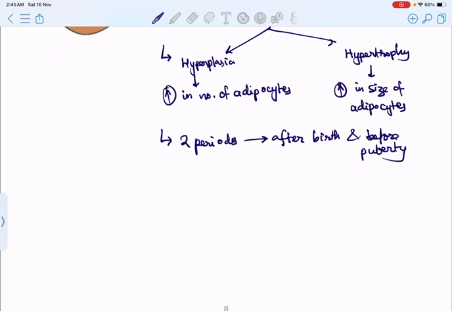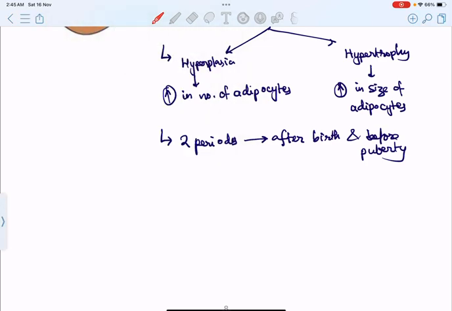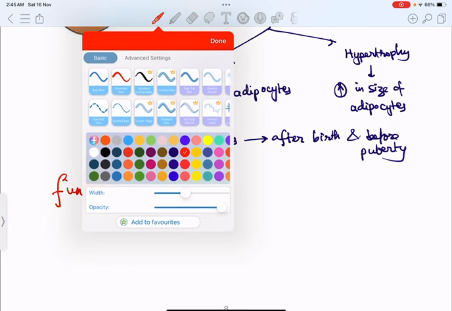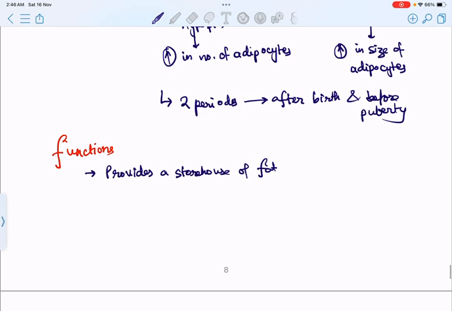Now we'll move on to some other headings under adipose tissue. So functions of adipose tissue as a whole. Provides a storehouse of fat. Acts as a cushion.